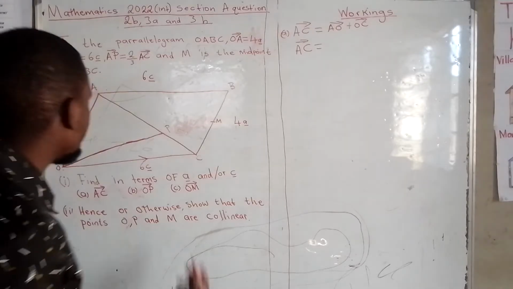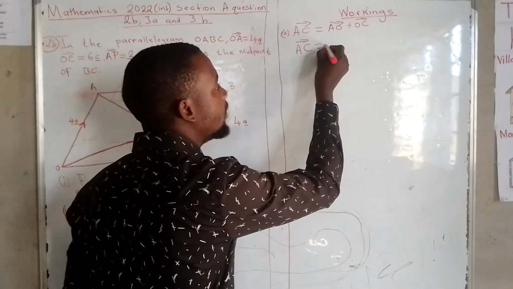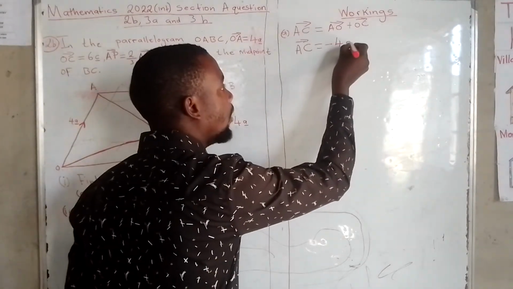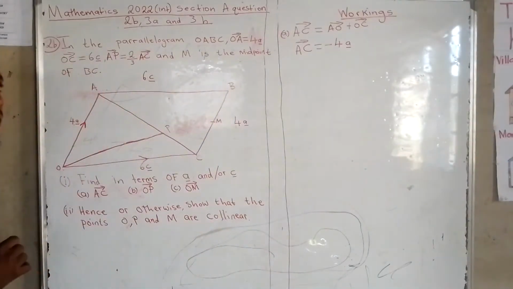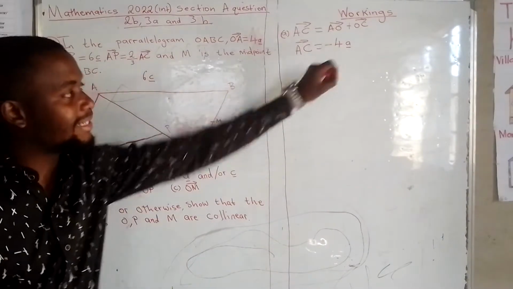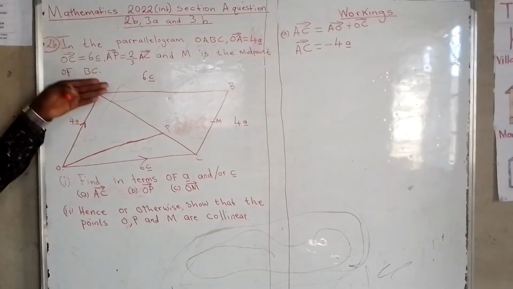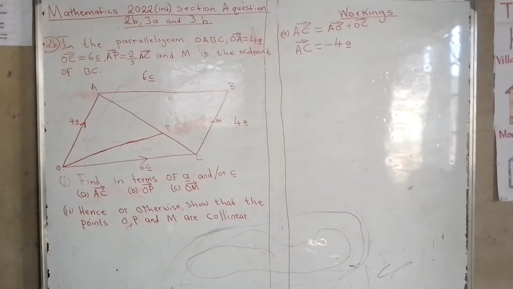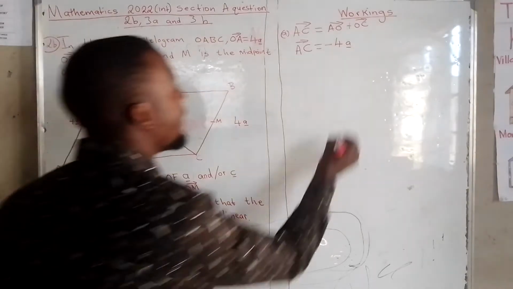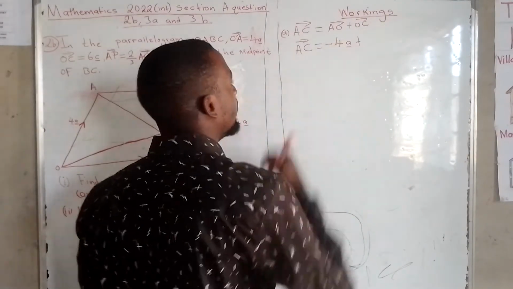Which means AO will be equal to negative 4 vector A. The reason why I'm putting a negative is because I'm opposing this direction. Once you oppose the direction of a route, that vector will be in a negative form. So, we're going to proceed and say plus OC. What is OC?